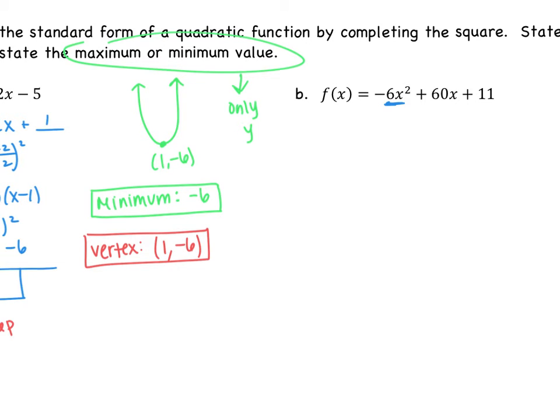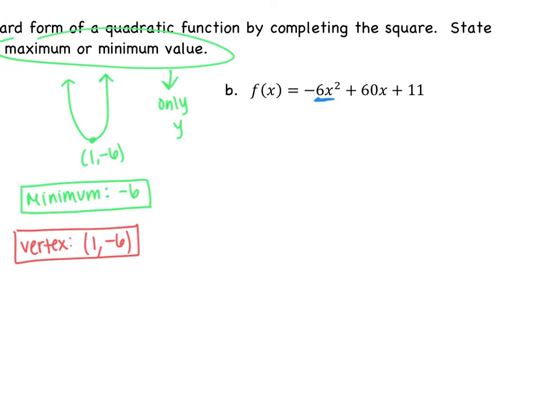We want x on one side, we want everything else on the other side. So the first thing that I'm going to do is move that 11 on over. So I get f of x minus 11. And then I'm going to need to add something. And I have negative 6x squared, add 60x.